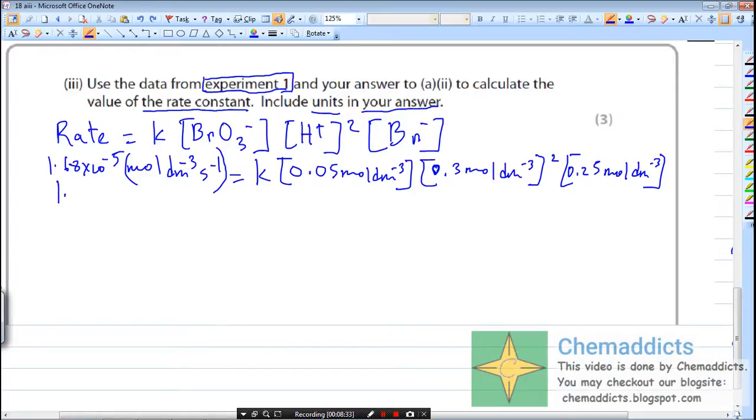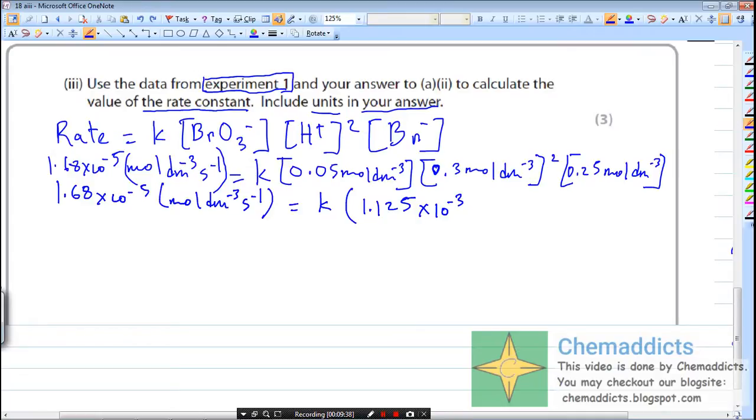Now let us simplify this. If we calculate the numbers, we will get 1.125 into 10 to the power minus 3.